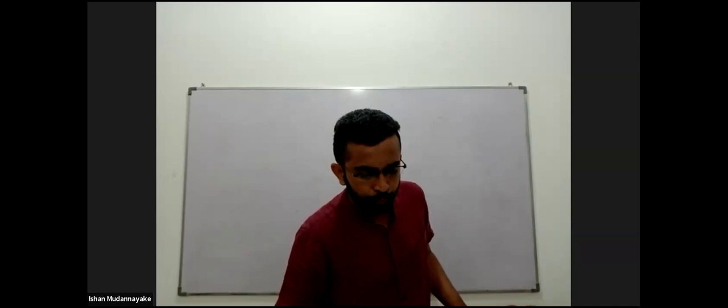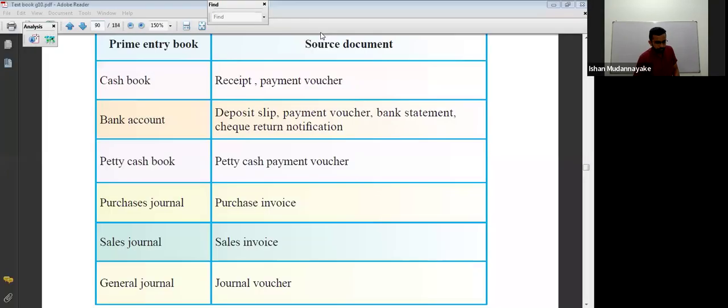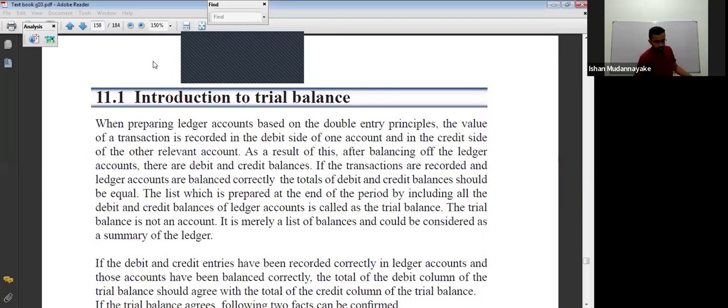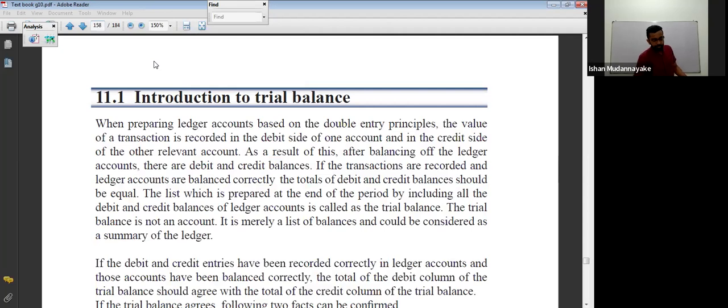In the trial balance, we enter the balances of all ledger accounts. By including the balances of all ledger accounts, we prepare the trial balance. I'm not going to discuss everything available in the textbook.